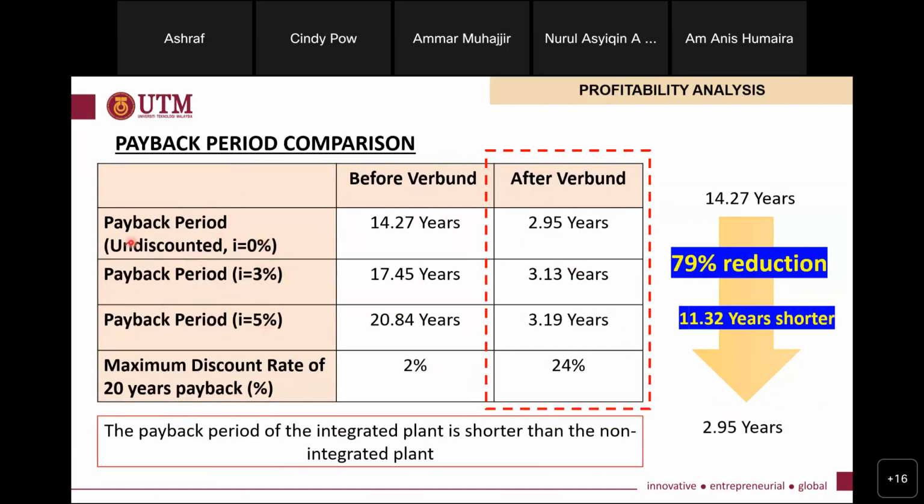For the undiscounted payback period, after Verbund shows only 2.95 years, which means that we can get the profit in a shorter time compared to before Verbund, which requires a longer time to get the first profit. This also applies to the maximum discount rate of 20 years payback.